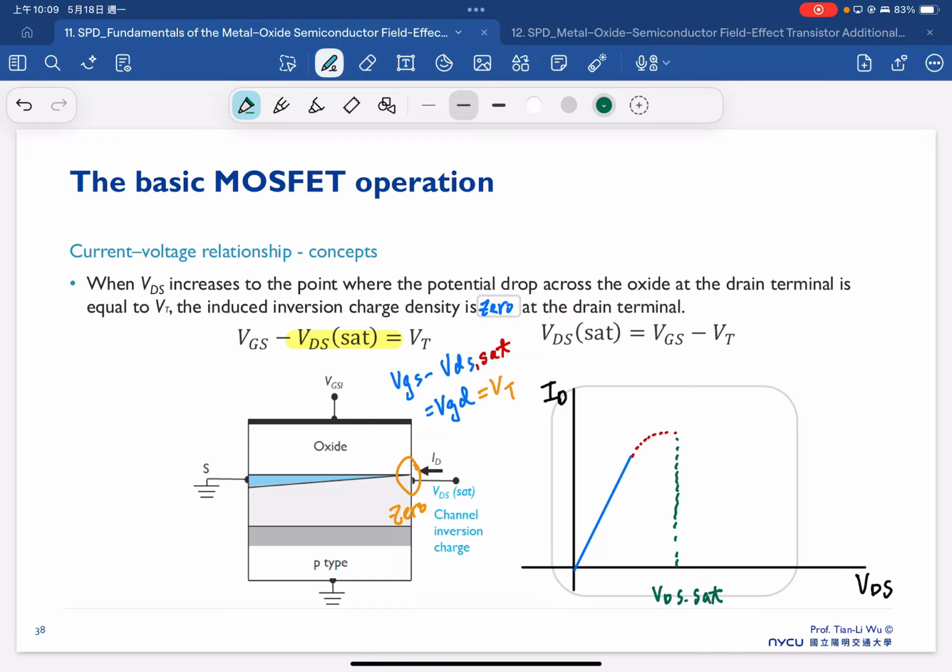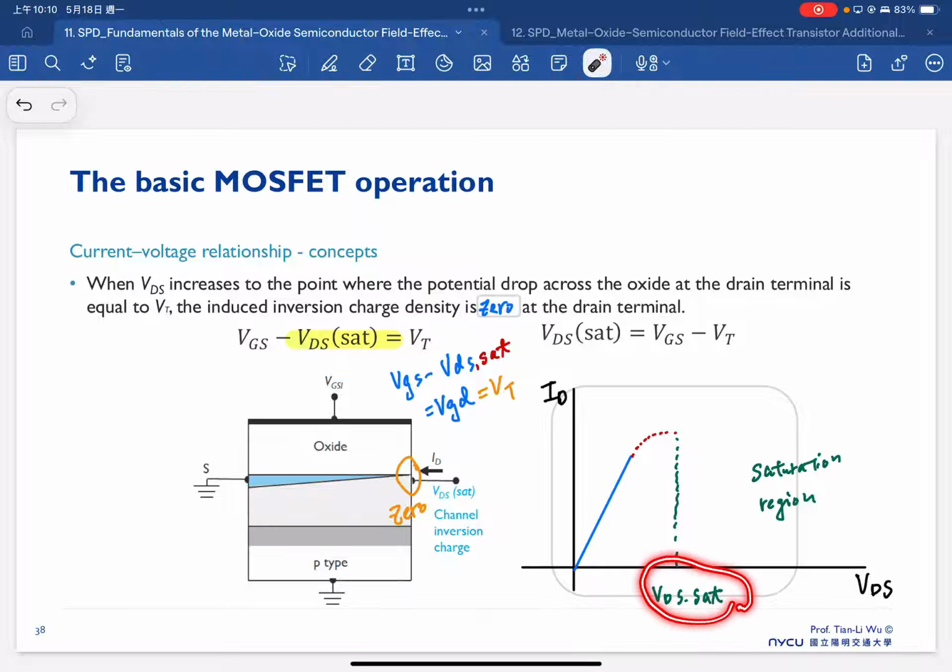The 'set' is an abbreviation of saturation region. So once VDS is larger than VDS set, the current reaches the saturation region, and before VDS set is the linear region.